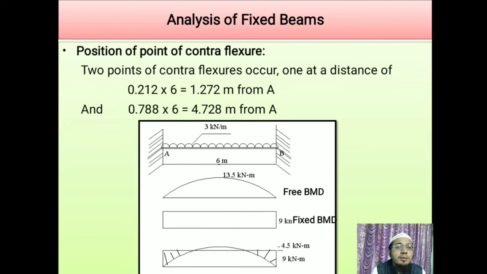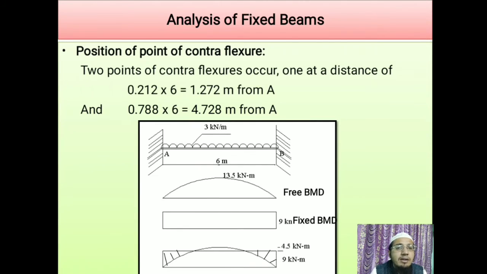Below that you can see the fixed end moment diagram, just for couples at the supports, which is a simple rectangle, a hogging bending moment of magnitude 9 kilonewton meter. Now by merging or adding these two, we can get the final bending moment diagram.